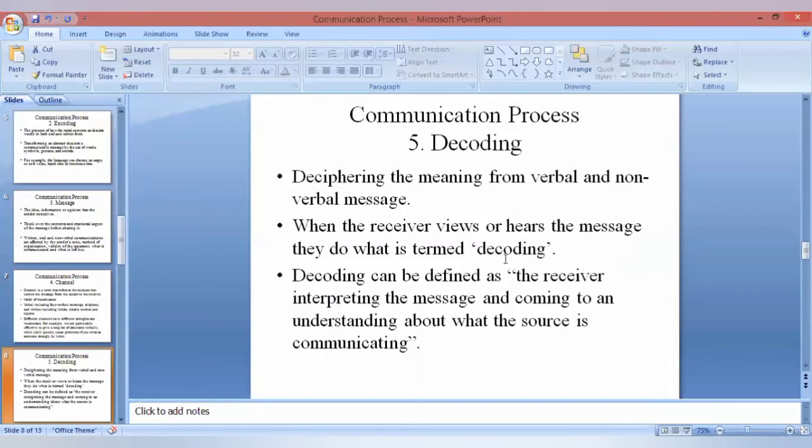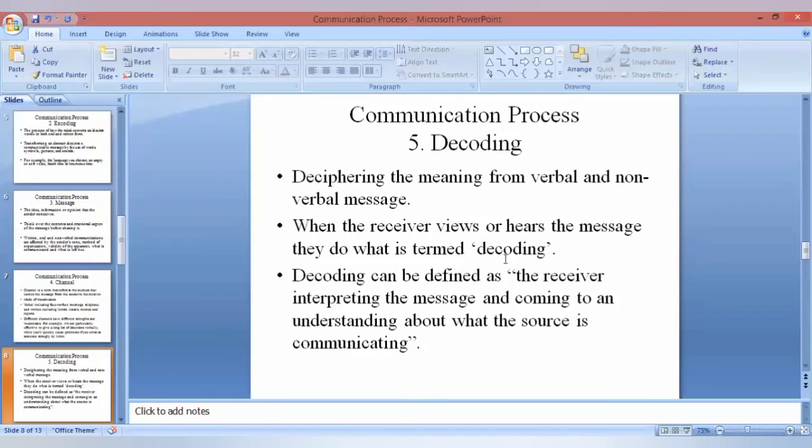Now, the fifth component of the communication process is decoding. Decoding is actually deciphering the meaning from verbal and non-verbal messages. The message that is received, either verbally or non-verbally, is then decoded, deciphered, and the meaning is derived out of it.